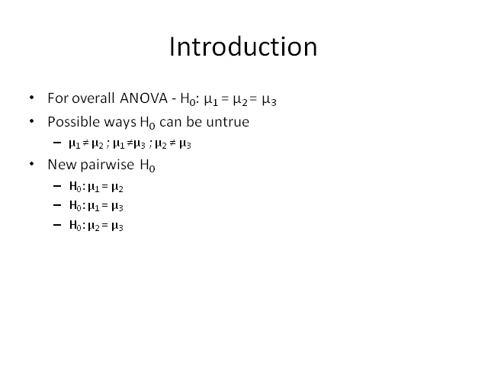It is possible that the null was untrue because the mean of group 1 was lower than the mean of group 2 or 3, or it's possible that the mean of group 1 is lower than the mean of group 2, but did not differ from group 3. And finally, it's possible that the mean of group 2 is lower than the mean of group 3.